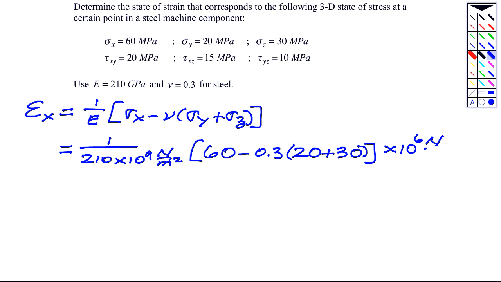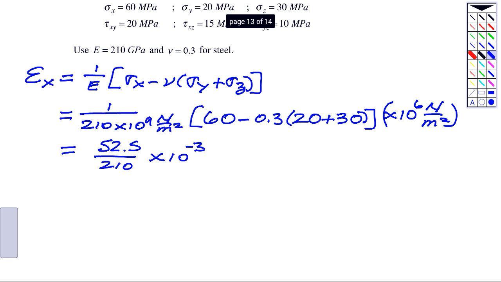That's 10 to the 6th newtons per meter squared. So when we do our calculations, we end up with the ratio here of 52.5 divided by 210 times 10 to the minus 3. Recall that strain is a dimensionless amount.